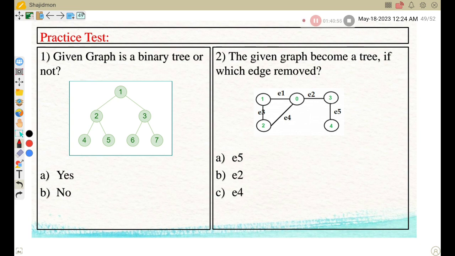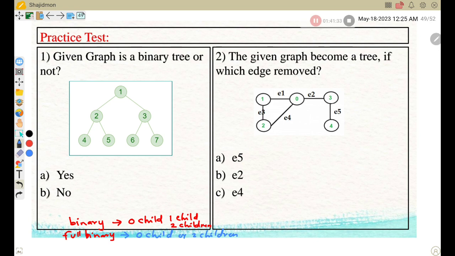Full binary tree means all internal vertices should have two children, so keep that in mind. The difference is there: a full binary tree means the condition is either 0 children or 2 children.